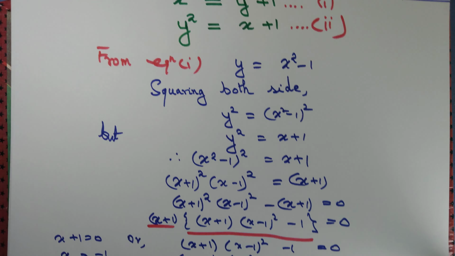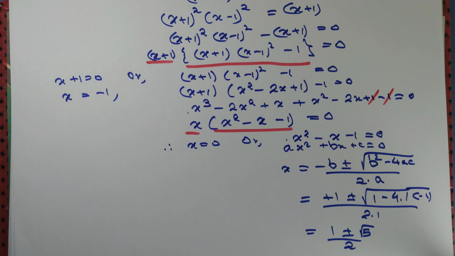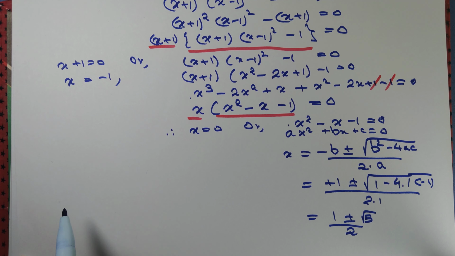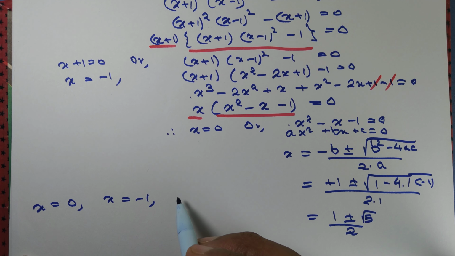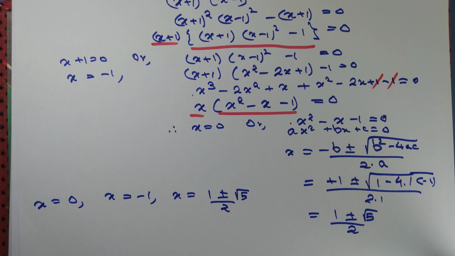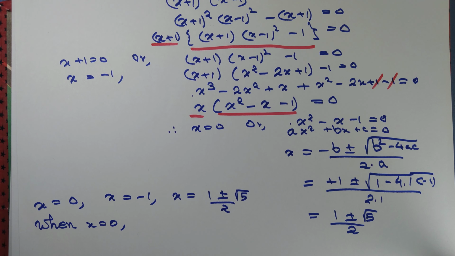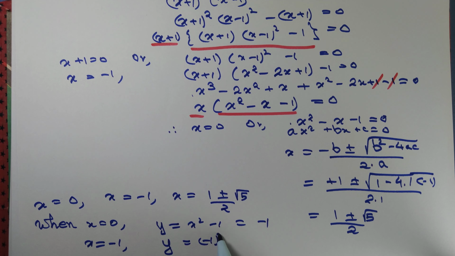Now the question is saying solve for x and y, but we have solved for x only. So we obtain 4 different choices of x: x = 0, x = −1, and x = (1 ± √5)/2. When x = 0, from equation 1, y = x² − 1 = −1. When x = −1, y = (−1)² − 1 = 0.